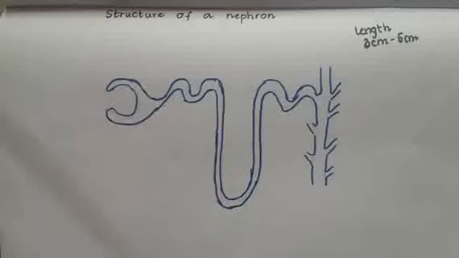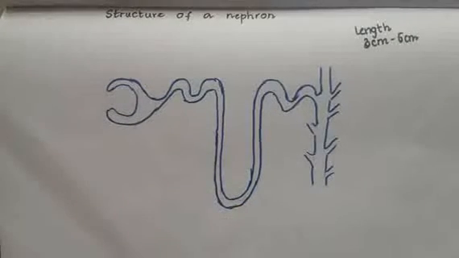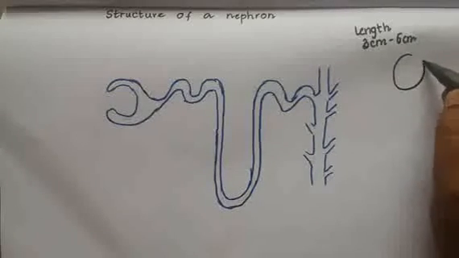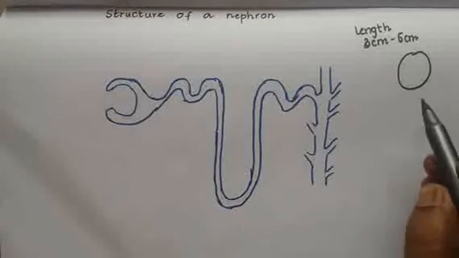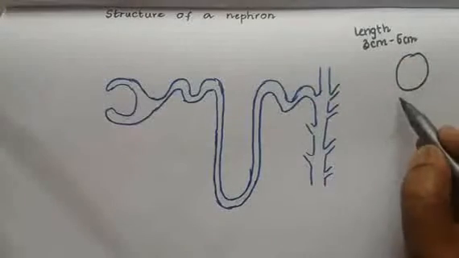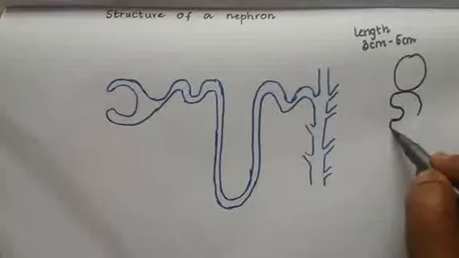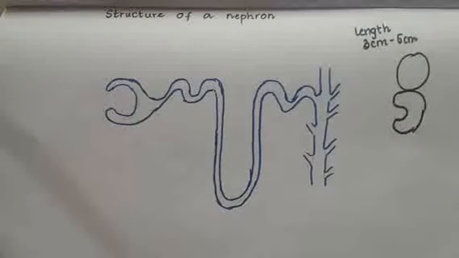The first part of the nephron, we call the Bowman's capsule. So how is this part formed? Imagine a hollow ball. When you press a hollow ball from one end, it moves inside and you get a concavity on the side of the ball which has been pressed.